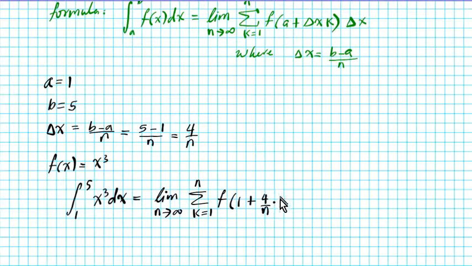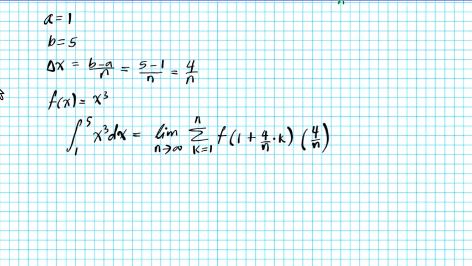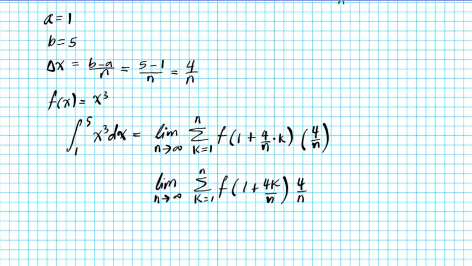We multiply that by k, and then multiply by delta x, which is 4 over n. Let's simplify this. We'll have the limit as n approaches infinity of the sum from k equals 1 to n of the function evaluated at 1 plus 4k over n, multiplied by 4 over n.